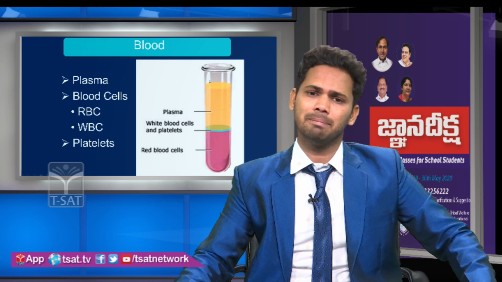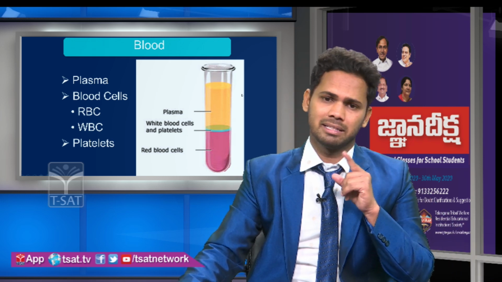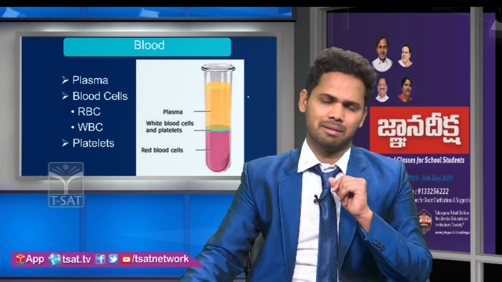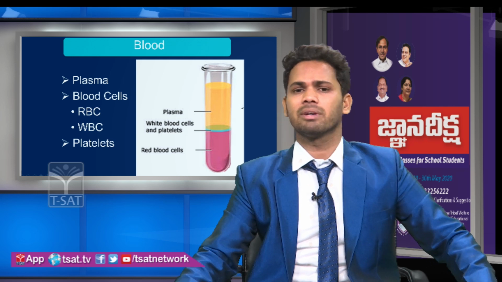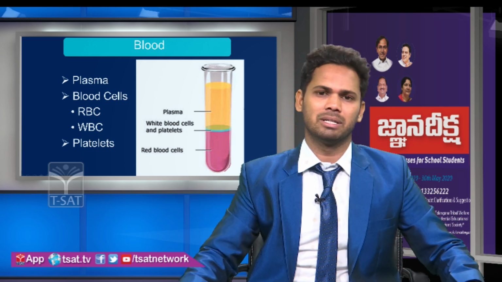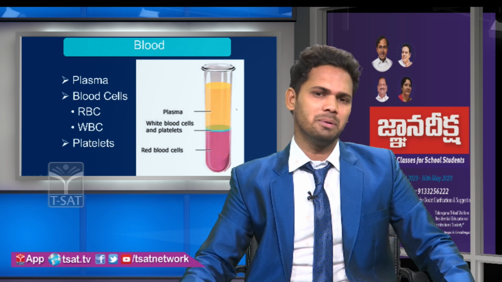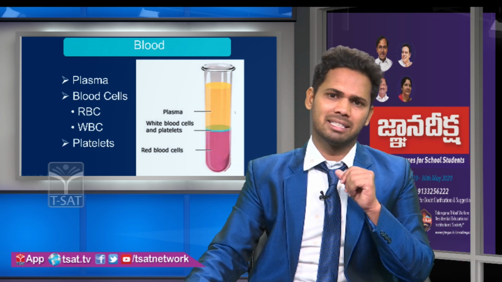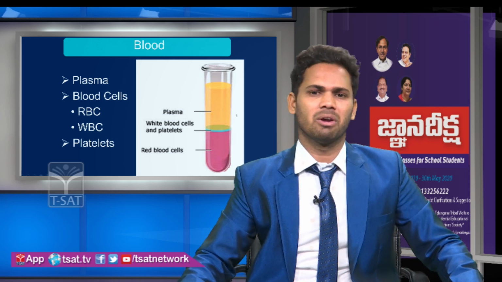One young and healthy person contains 5 liters of blood. This is an approximate value. Different kinds of people may show different volumes, but I am talking about a young and healthy person, 5 liters of blood. Also, the branch of biology that studies blood is called hematology.